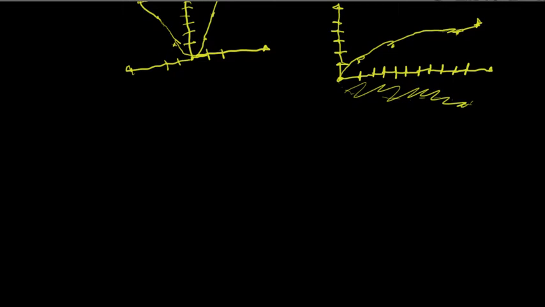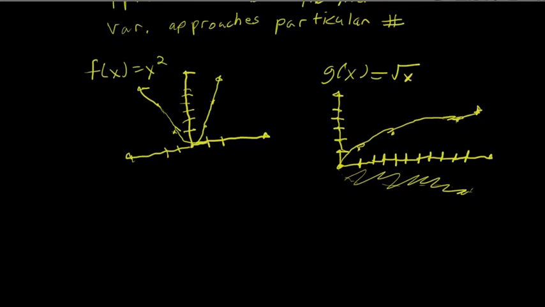And the way we write that is, in this example, we say lim x arrow 2, so the limit as x approaches 2, or sometimes people say the limit as x tends to 2 of f of x, and this is also equal to the limit as x tends to 2 of x squared equals 4.